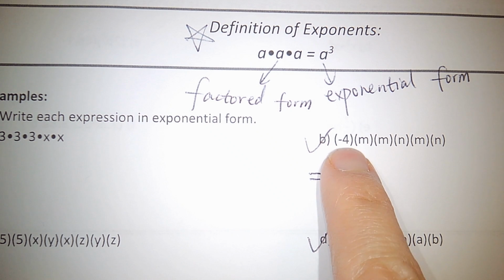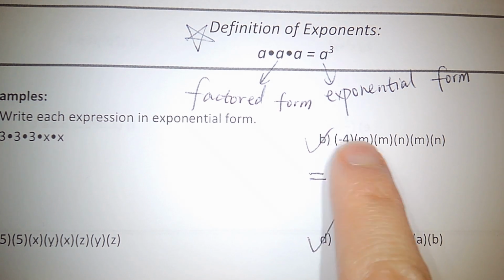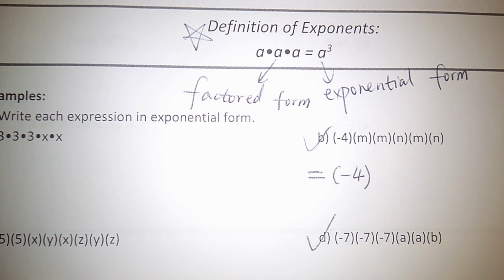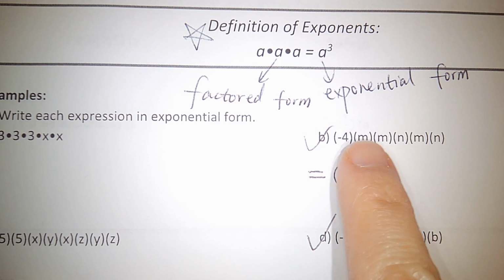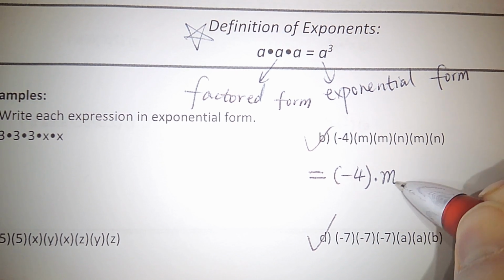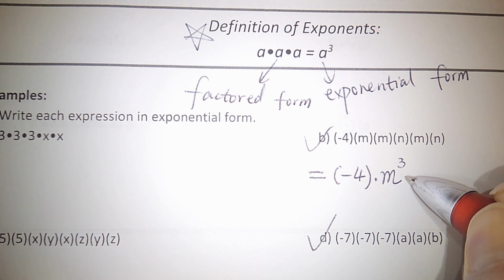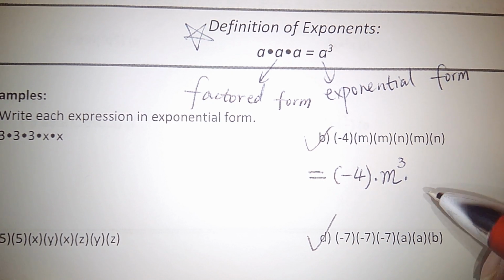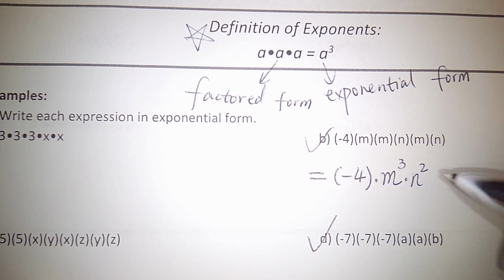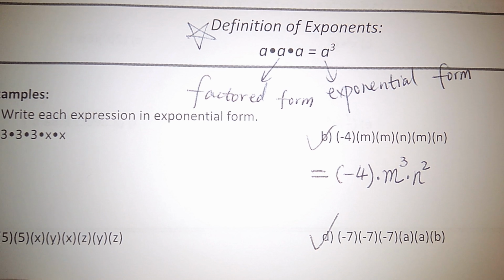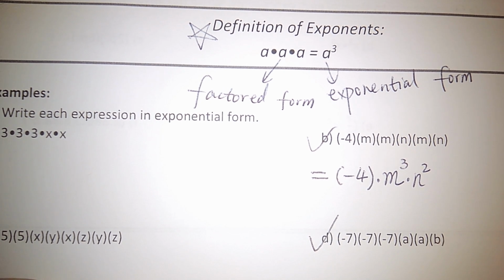How many -4 are in this factored form? Just one. So let's copy that, -4. And we also have factor m. How many m's in total? 3. So we put m to the cube. And then times what? n times n? n to the second. -4 times m to the cube times n to the square, right? You guys, so far so good?